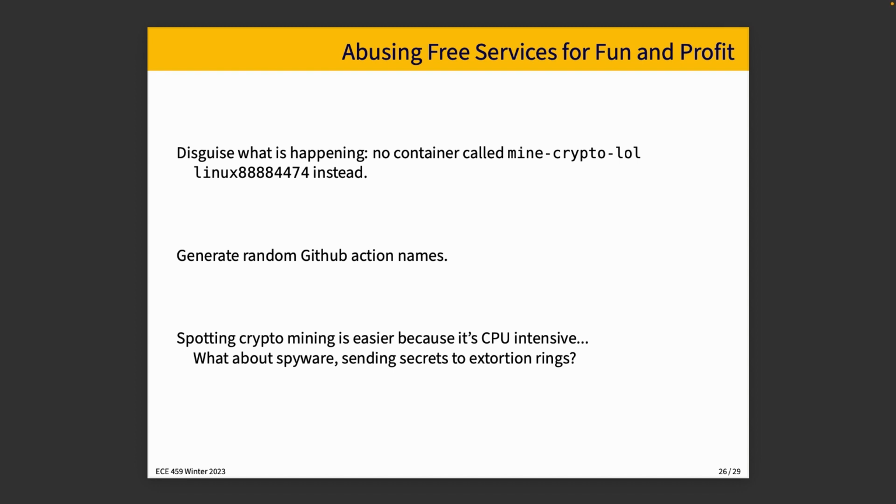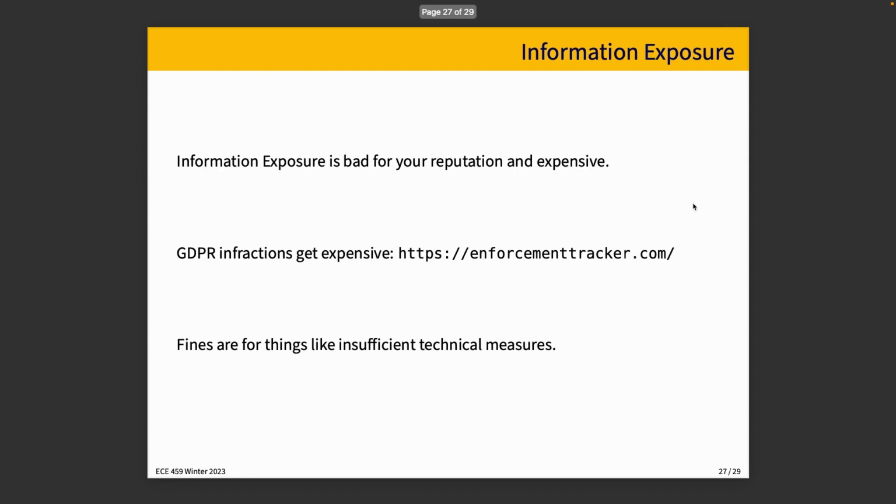And when we do that, we will identify something weird is going on here and we should do something about it. But if a container is just sort of sitting there quietly and sending your company secrets to the competition or to extortion rings or something like that, that's much harder to find and it might be very, very costly. On that subject, information exposure.